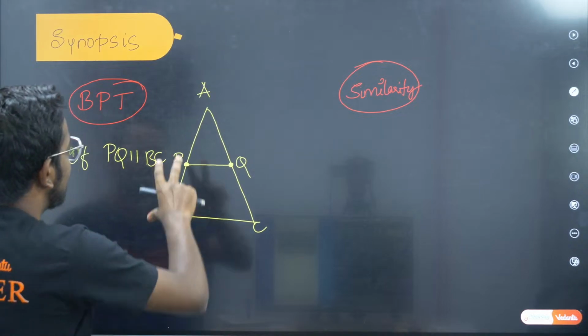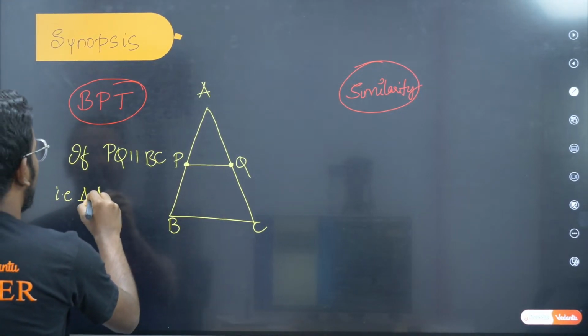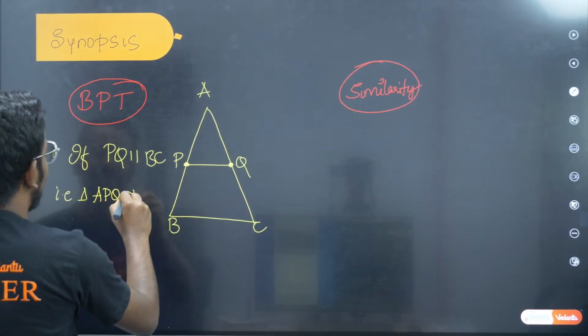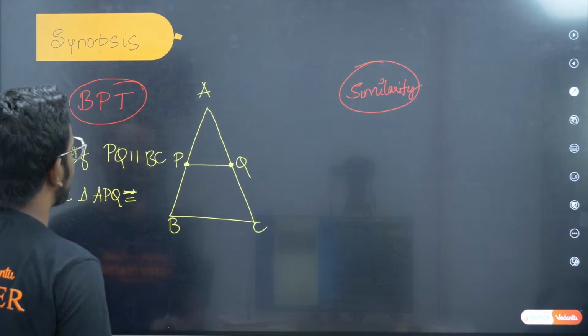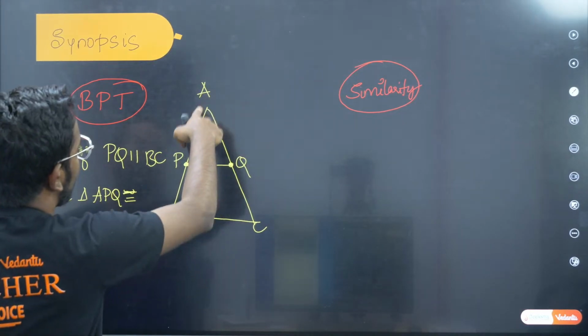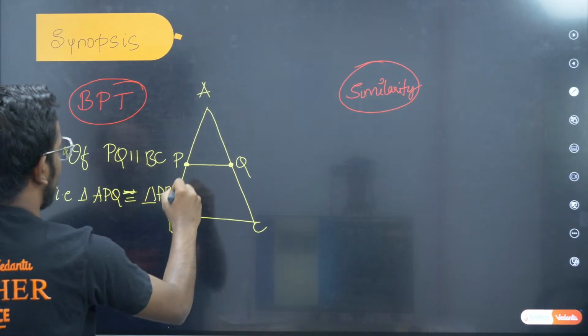Then what you can say is that triangle APQ is similar to triangle ABC. So this is what the BPT theorem says.